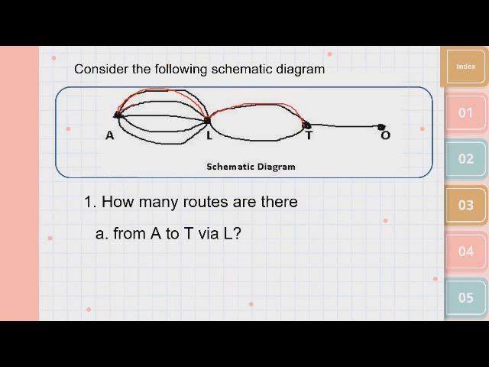Next, second, another one, third count. We can also use this way for our fourth count, and then this one for our fifth count. So we have 5 routes.